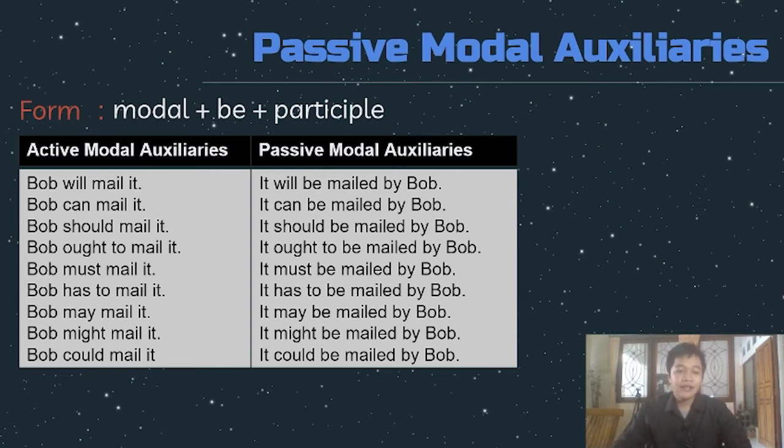So let's see the first sentence of the active modal auxiliaries: Bob will mail it. And the passive modal auxiliaries of that sentence is: it will be mailed by Bob. And this applies to all the modal auxiliaries.